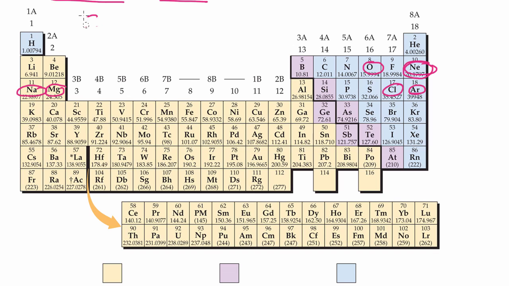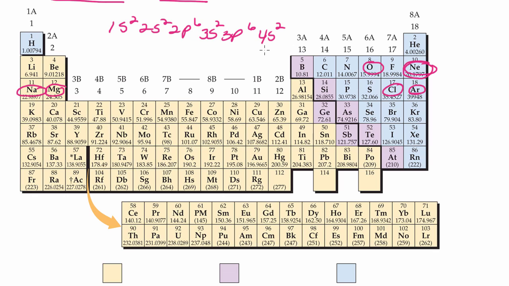In fact, let's do it this way. Let's go ahead and write the electron configuration for calcium. So what we have is 1s2, 2s2, 2p6, 3s2, 3p6, and 4s2.